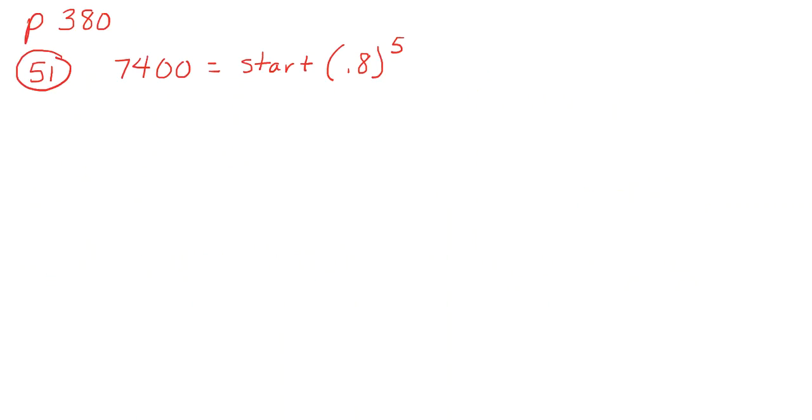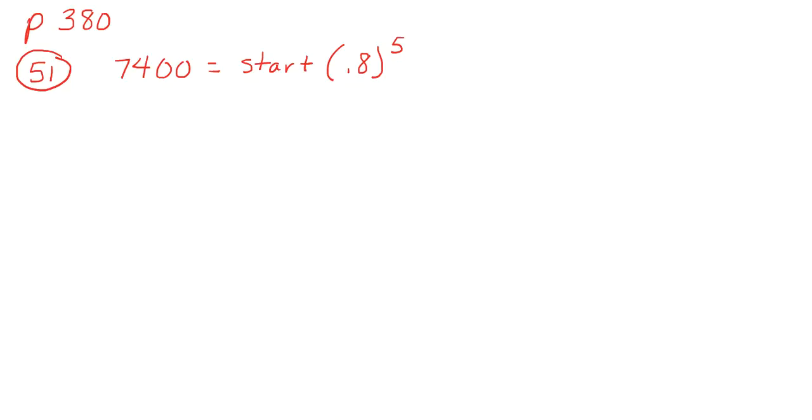All right, number 51 is another start times growth to the x problem, but this time we know that we are ending up with a value of $7,400, and we do not know what the SUV's starting value was. So if it is losing 1/5 of its value, losing 1/5 is the same as losing 20%.